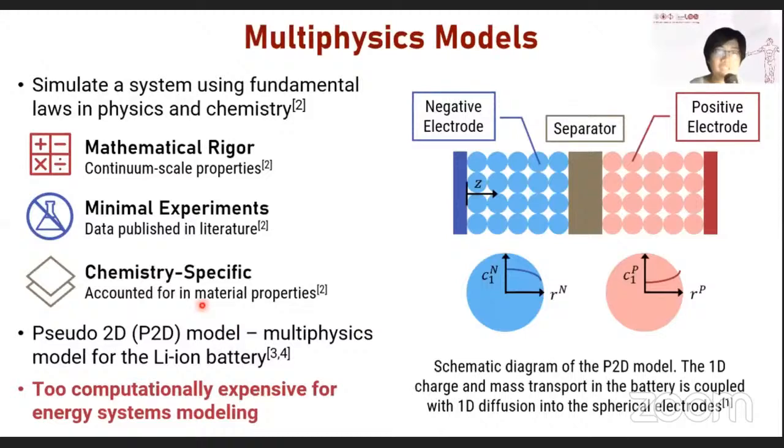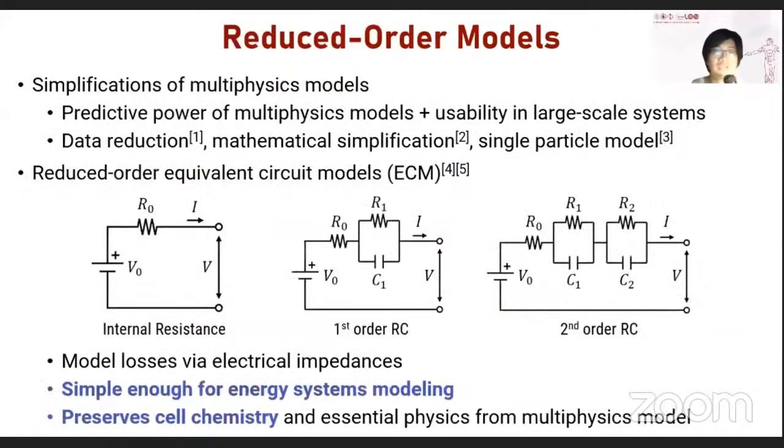Now, when you model a lithium-ion battery, we typically use the pseudo-2D or the P2D model, which couples 1D transport across the battery and 1D diffusion into the electrode particles. However, it is too complex for energy systems modeling. So to bridge the gap between energy systems and multi-physics models, we use reduced order models. In a reduced order model, we take a multi-physics model and simplify it while preserving its accuracy or predictive power.